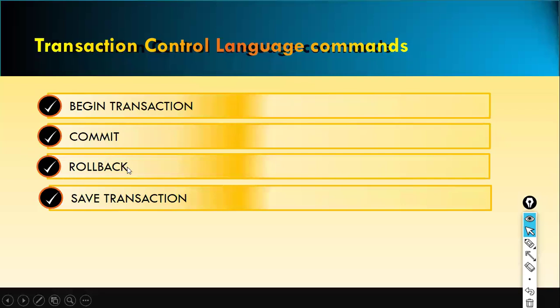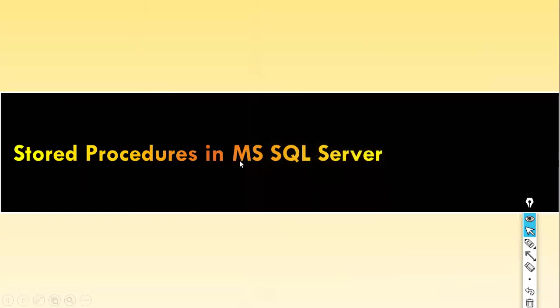But instead of commit, if you use rollback, you can roll back the changes you made, so you can undo the changes. And save transaction will help you to roll back partially instead of doing the complete rollback. I don't want to roll back everything, I just want to roll back only certain transactions, or from a specific point onwards. That is very much helpful. Hope you understood with this demo what exactly transaction control language commands are, and what begin transaction is, all these things.